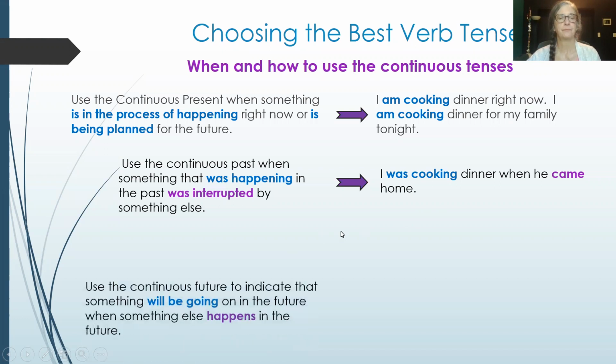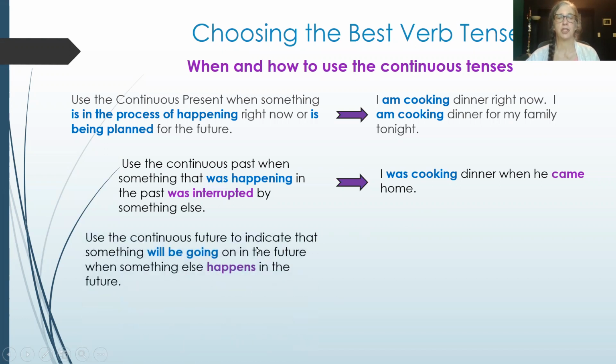Okay. We're going to use the continuous future to indicate that something will be going on in the future when something else happens in the future. Getting a little bit more, I know, so we're getting a little bit more complicated. Remember what I told you in the last workshop? Time is a very complex idea, and in our lives, we live life, not just one thing happens and then something else happens and then something else happens.